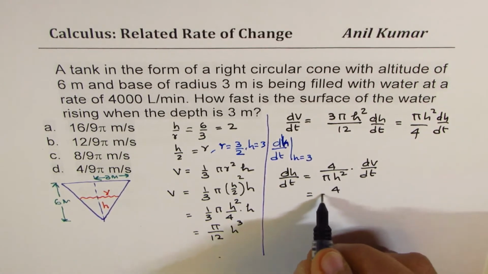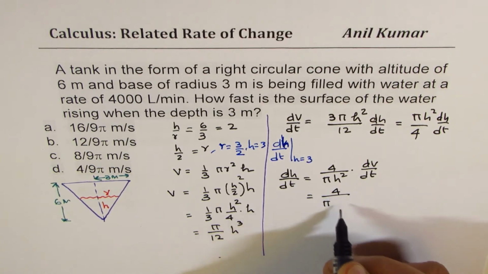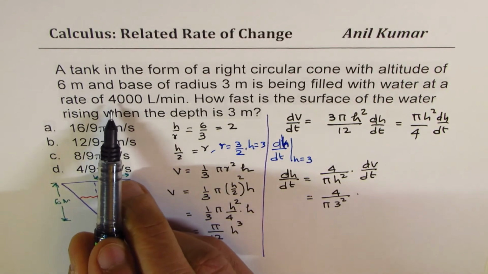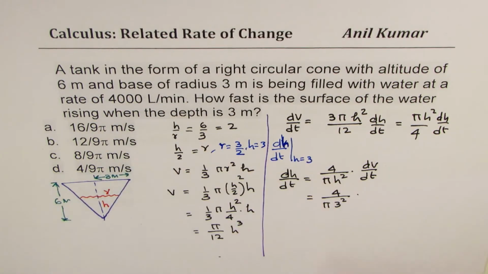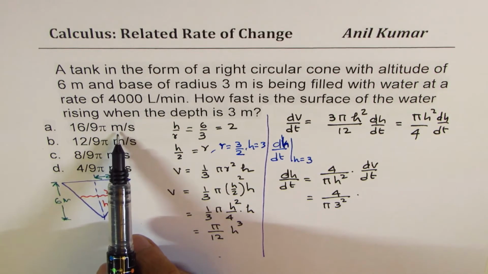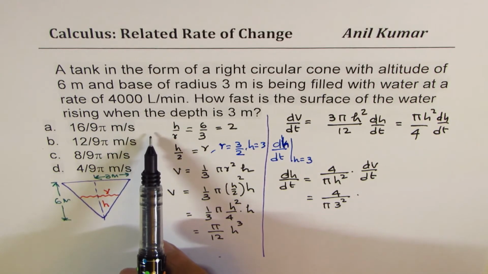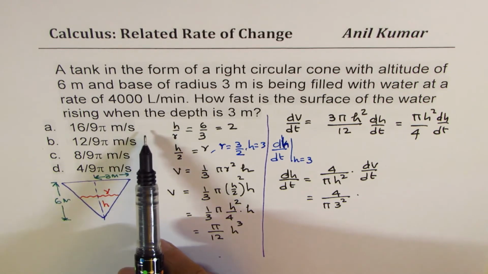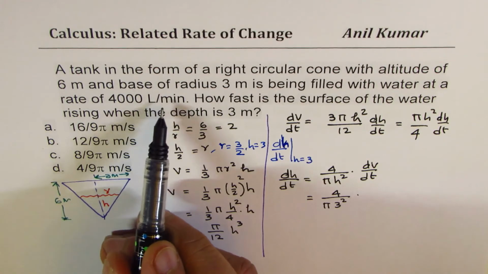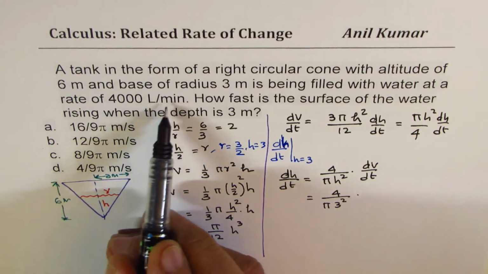So we get 4 over pi times 3 squared, and dV/dt is given to us as 4000 liters per minute. Now we have to convert these liters to cubic meters. I'm not very sure whether the answer is in minutes or in seconds, but first we'll just do meters per minute and then figure it out.